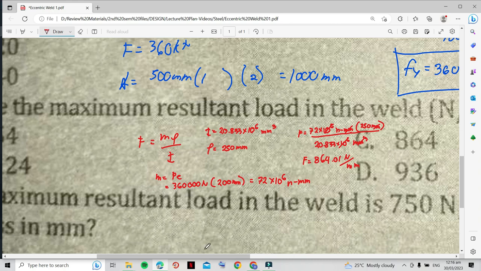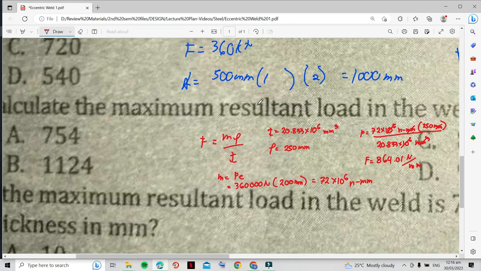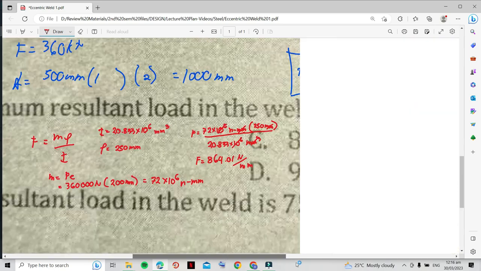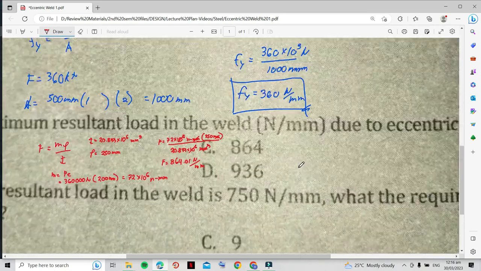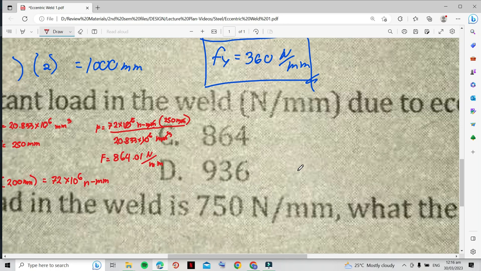But the question is the maximum resultant load in the weld due to eccentric load P. The resultant is equal to the square root of Fy squared plus F due to torsion squared.